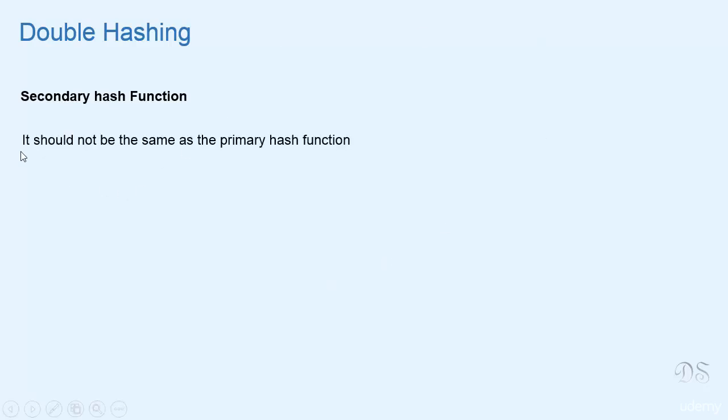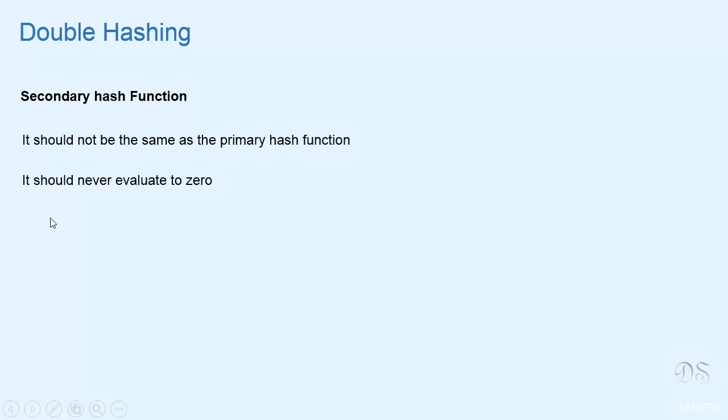Now let's talk about the choice of hash functions in double hashing. The primary hash function is chosen as usual, but we should keep some things in mind while choosing the secondary hash function. Firstly, it should not be the same as the primary hash function. And second, it should never evaluate to 0.